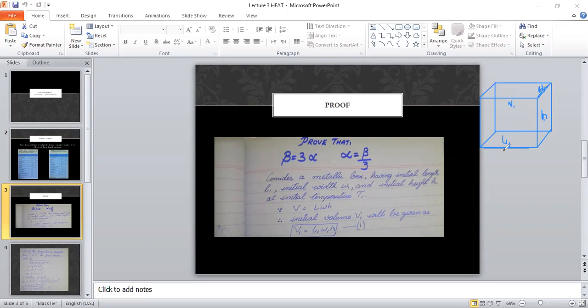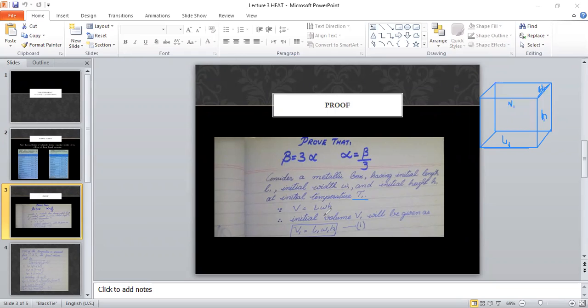whose measurements we'll take at a temperature of T1. This T1 temperature would be raised to temperature T2, and at that time, we'll also take the measurement. We all know that volume is equal to length into width into height.